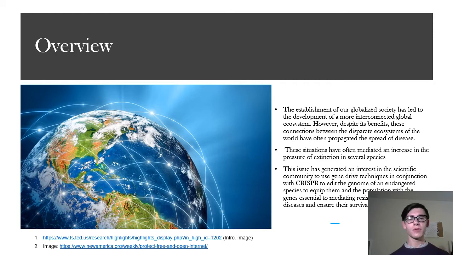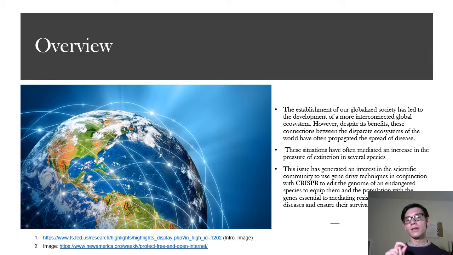Now, the reason for that is that these newly formed connections between disparate ecosystems across the world have so often led to the propagation and spread of disease from these pathways back to other ecosystems. These situations have often increased the pressure applied to species in different ecosystems, often pushing them towards either extinction or further endangerment.